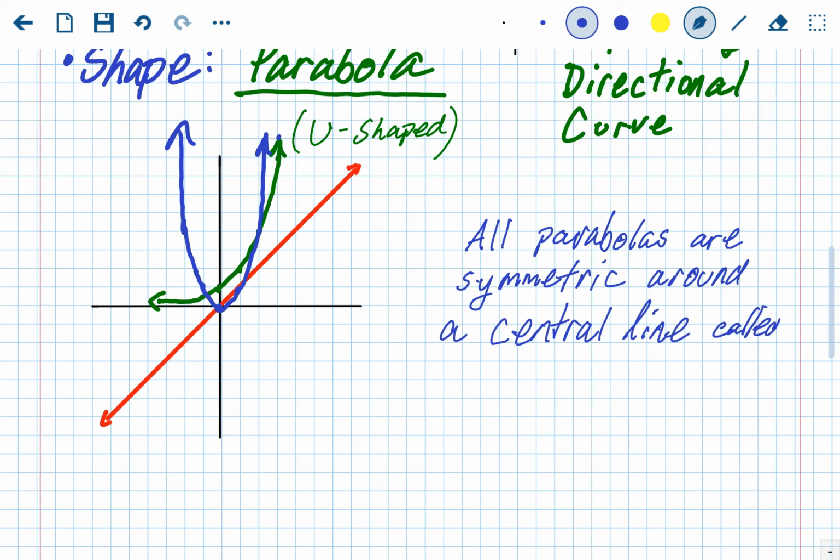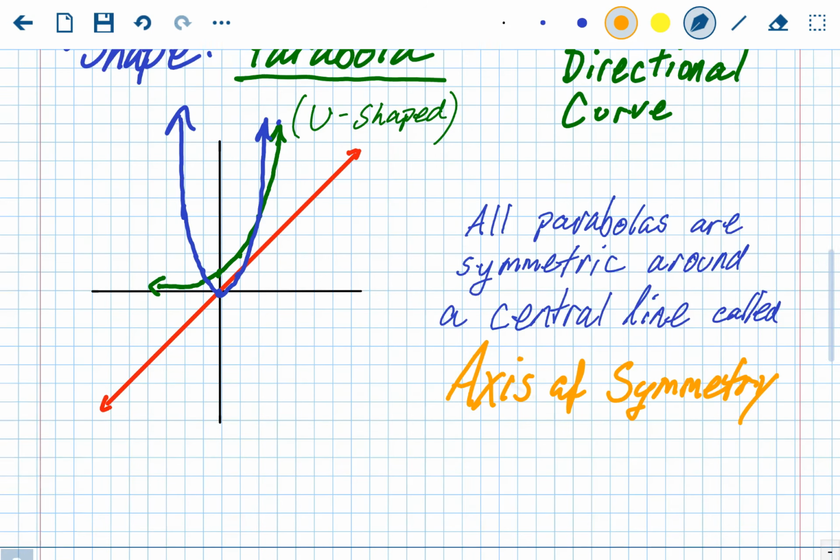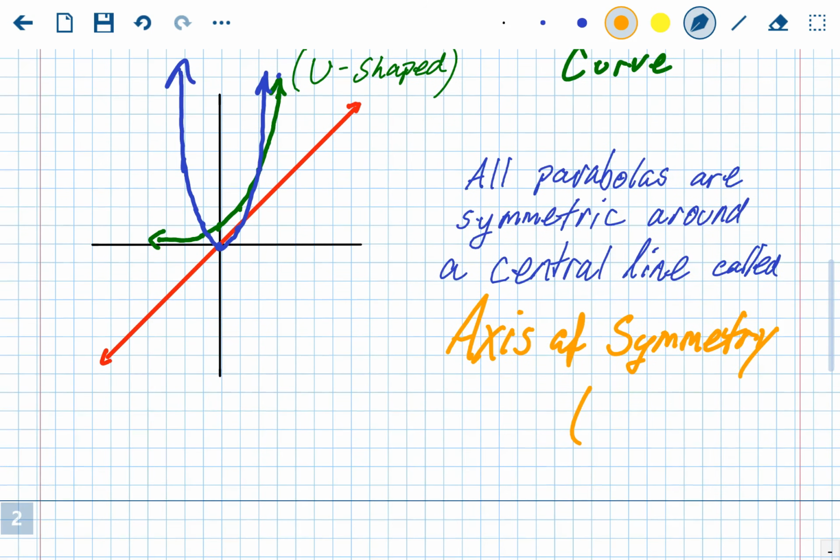It's called the axis of symmetry. So what that means is everything on one side of the line is also reflected onto the other side of that line. And I usually abbreviate the axis of symmetry as AOS. So you're going to see that quite a bit.